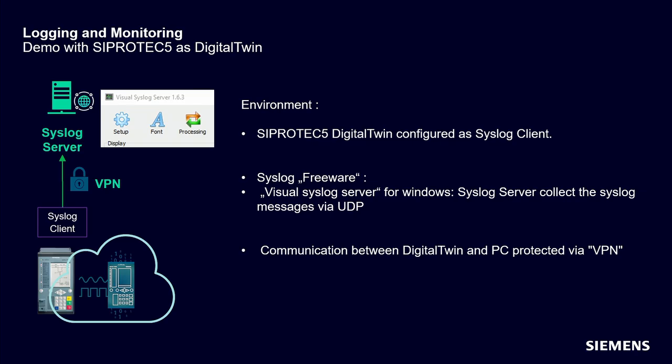And as syslog server, we simply use a Windows freeware called Visual Syslog Server. The digital twin and my PC are protected via a virtual private network. And of course, I also have DIGSI 5 installed on my PC to activate the settings for the cybersecurity feature. And via HTTPS, I can access the web page of the SIPROTEC 5 device.